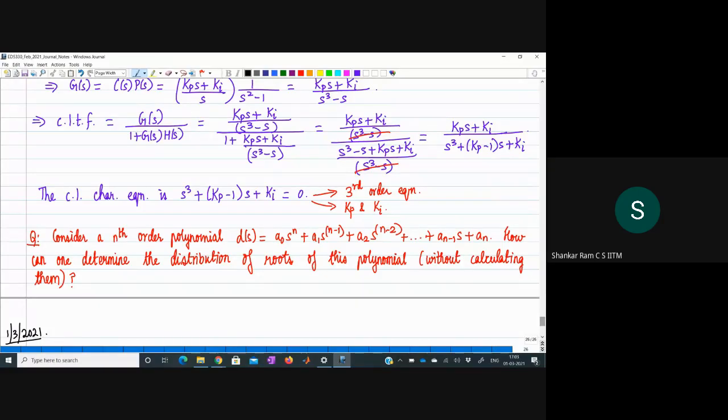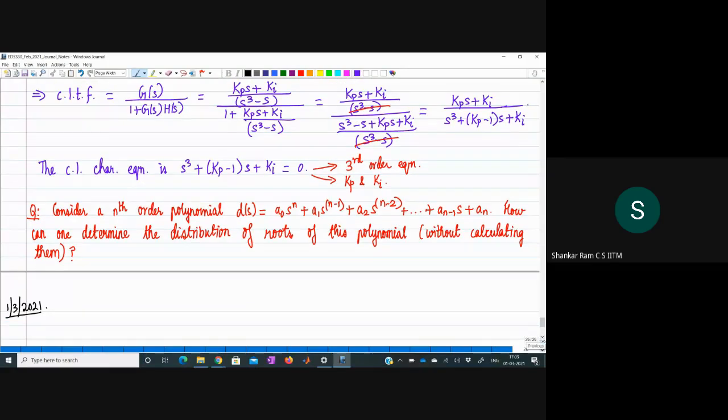And as we are aware, we need to look at the position of the closed loop pole in the s-plane, and we need to find equivalent conditions on the controller gain that will ensure that we are able to stabilize the closed loop system.